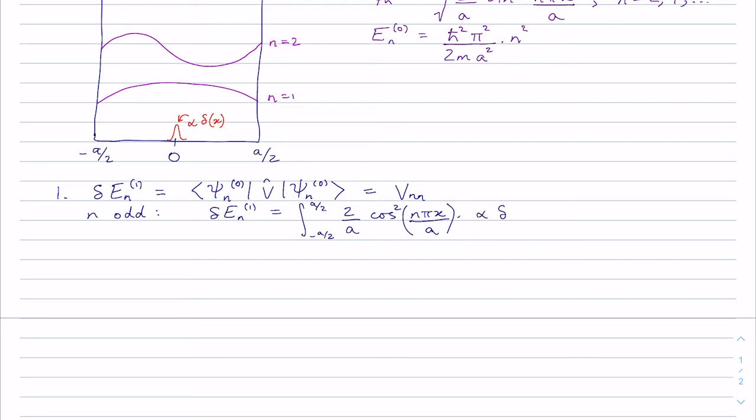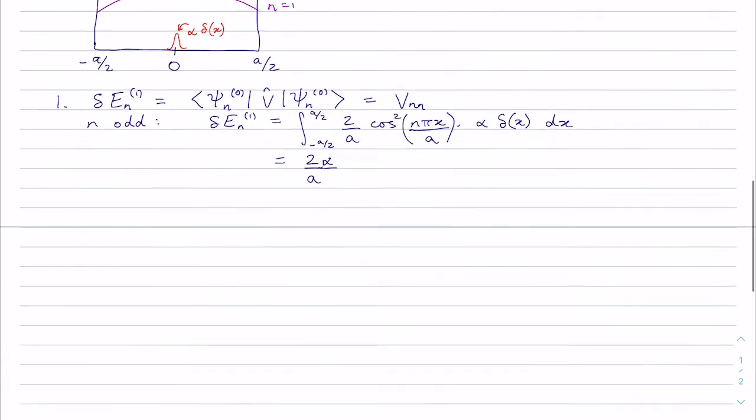So times alpha delta x, and integrate that over dx. And if you know how to integrate a delta function, all you do is you take the value at the delta non-zero, and so when you do that, you'll just get the value of cos squared at x equals 0, which is 1, and so you'll end up with 2 over a times alpha, or 2 alpha over a.